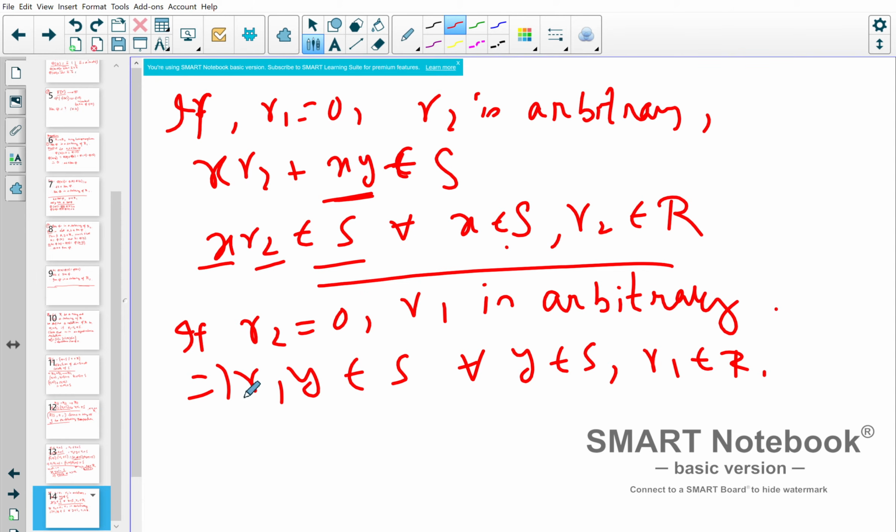So it's kind of an absorbing element. If you take the product with an element of R from the right side it is absorbing, and also from the left side, right? So it's absorbing from both sides.